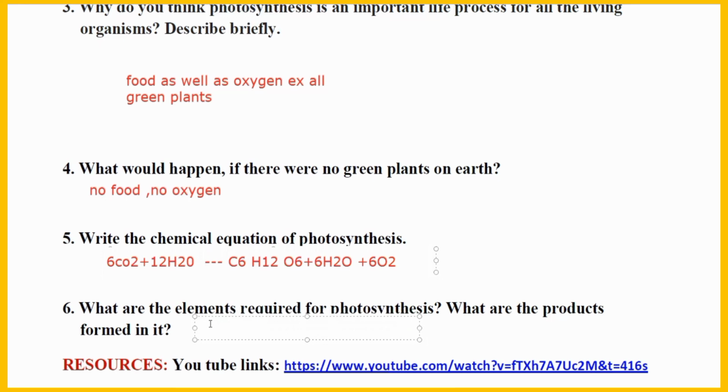The elements required are carbon dioxide, water, light (sunlight), and chlorophyll.